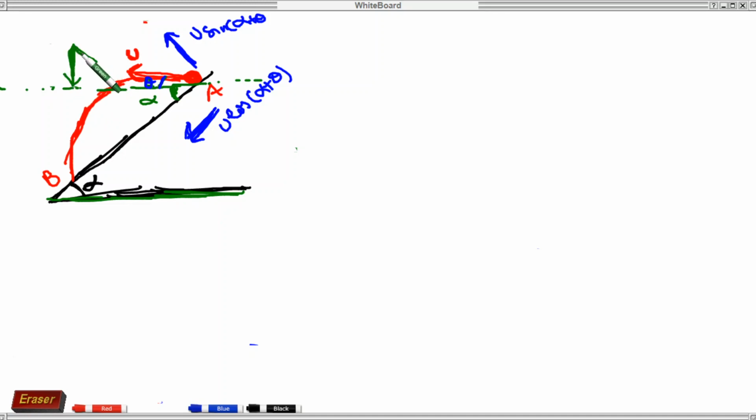So what would be the direction of the component along this? This is g, and this angle is also alpha.